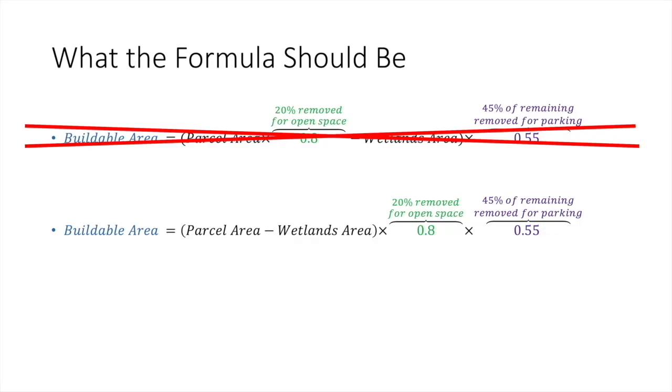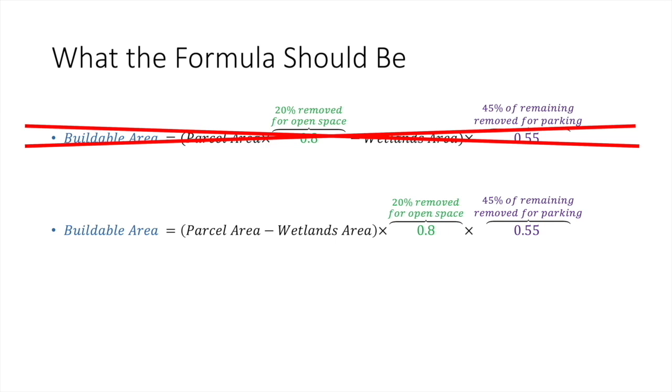I created a more realistic estimate by making one small change to the state model, assuming that rather than having 20% of the entire parcel removed as free space, we remove only 20% of non-wetland areas. I also assumed that town land included in the rezoning would be developable, since there would be no reason to include them in the proposal unless they plan to develop them.